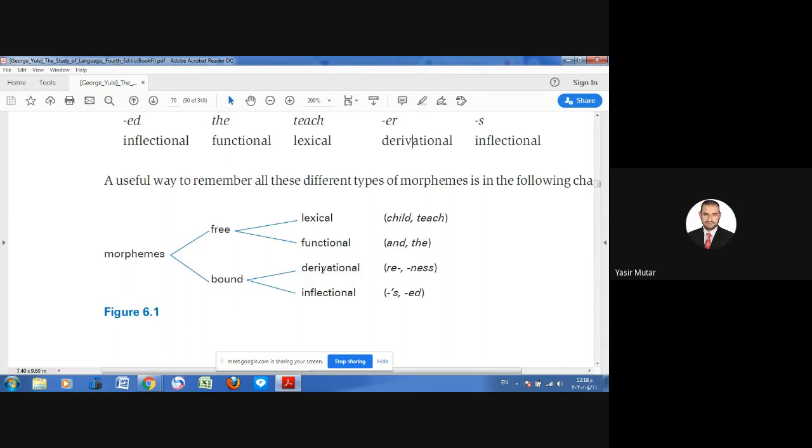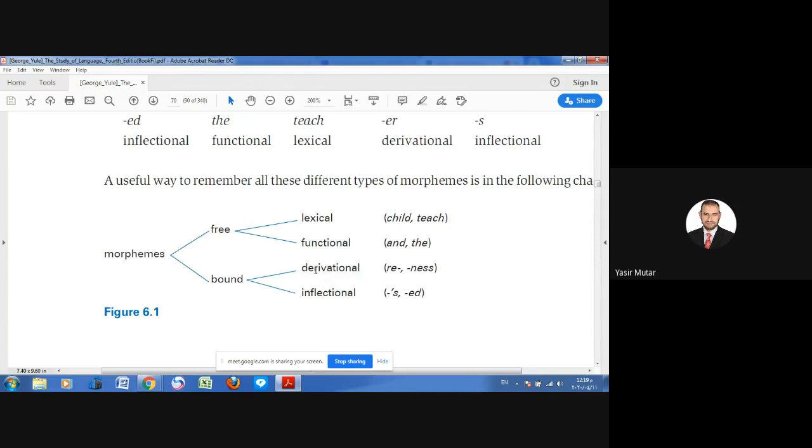Derivational morphemes, we talked about this in the last chapter, word formation, and the last section was derivation. Mainly we discussed those affixes: the prefixes, infixes, and suffixes.